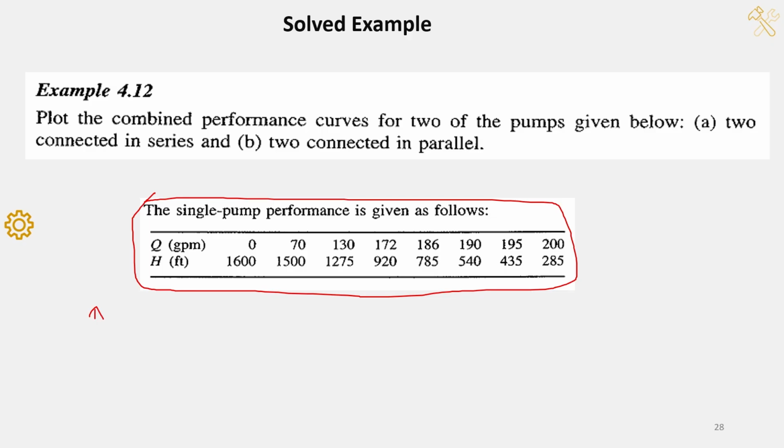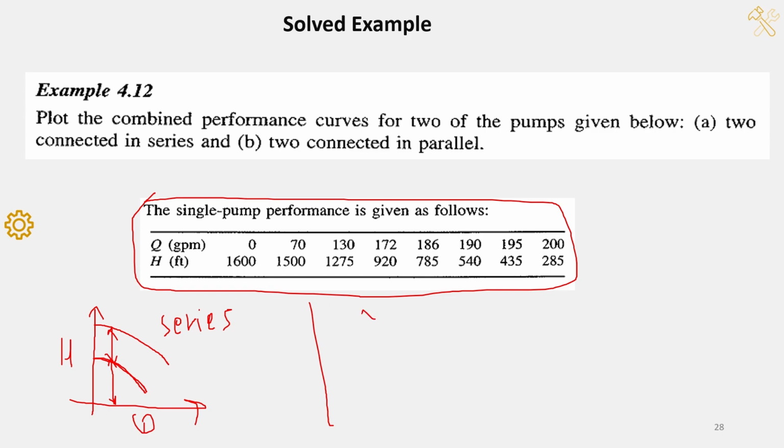So if, for example, this is pump A and this is pump B, and you put them in series, then you will get double head. So the head will be doubled, okay? You see here you have a head, right? So this head will be doubled. And this is H versus Q for series.